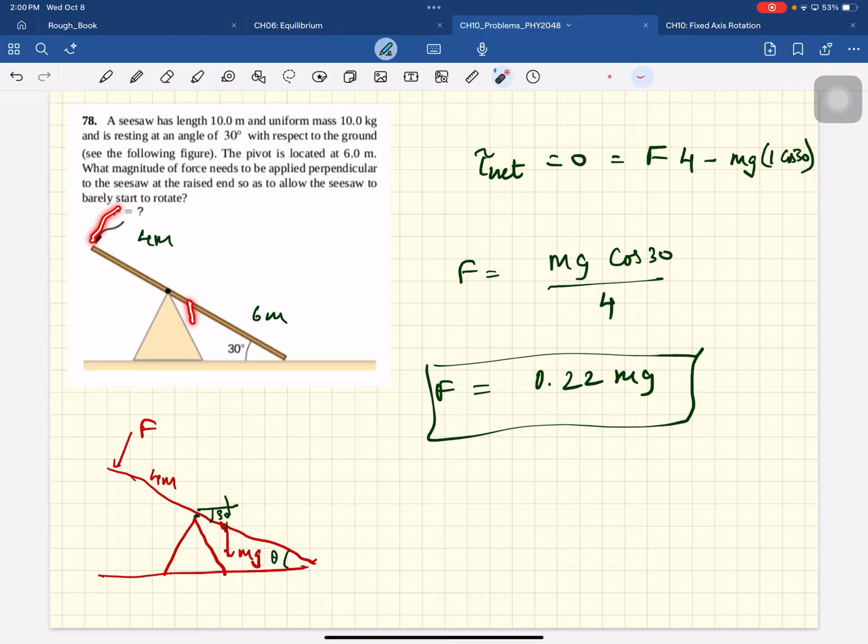The weight is acting at 1 meter, but the moment arm is less than 1 meter, and you're applying a force perpendicular, so you have a moment arm of 4 meters. So the further out you are, the smaller the force you need to apply. The force you're applying is 22% of the weight of the board. Okay?